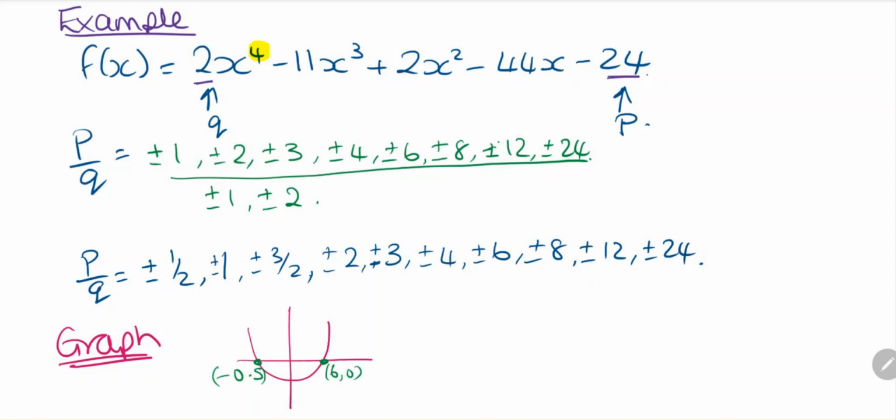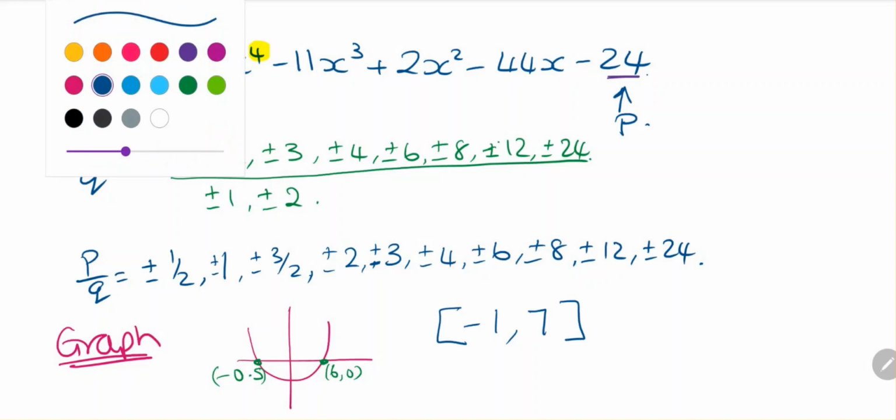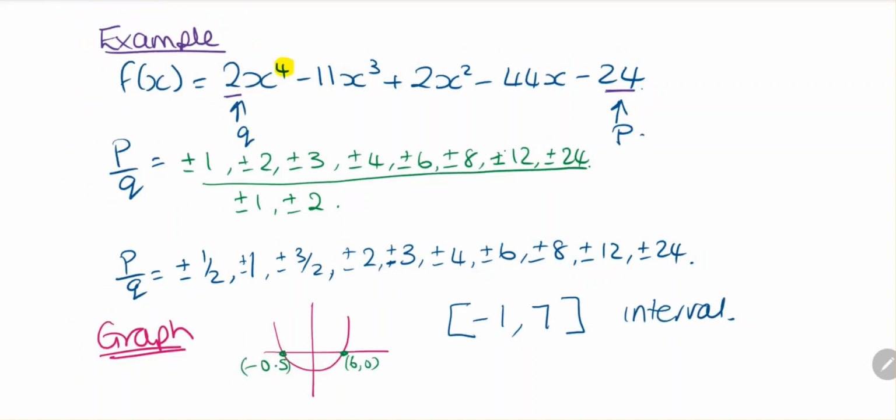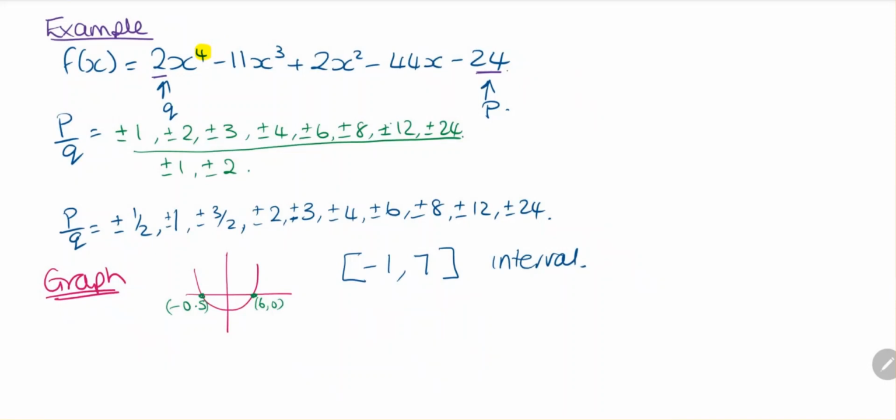So our limits are going to be either side. We're going to test our limits. So we think the intervals would be minus 1 and 7. So we're going to test our intervals. So this is our interval. So we're looking to not have a 0 remainder.